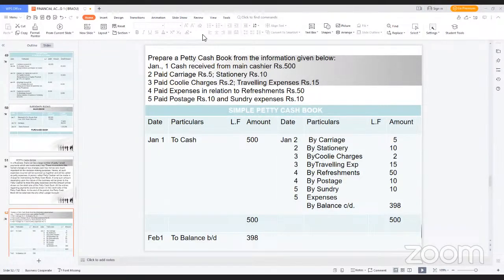The other things, whatever amount they have paid, means it is going out, so that will be written on the credit side: by carriage, stationery, coolie, traveling, refreshment, postage, sundry expenses.